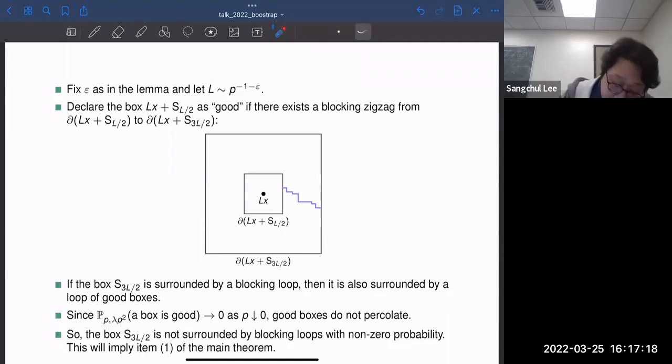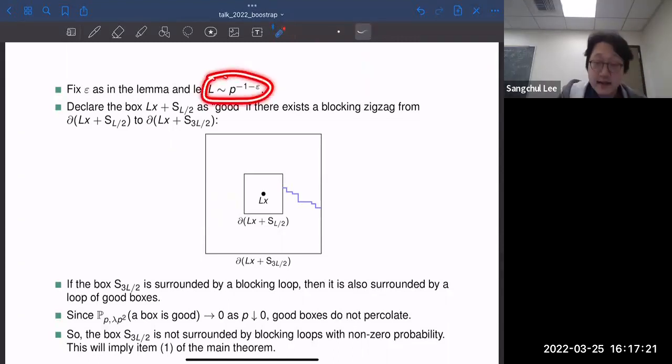Well, I'm gonna fix the scale that we discussed in the previous lemma. Then we're gonna use some coarse graining argument.